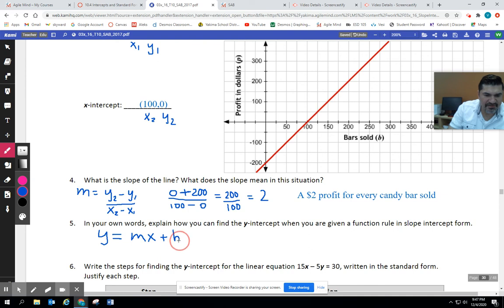And the question is, how do we find the y-intercept? Okay, our y-intercept is the b value. So whatever is in place here, that is your y-intercept.